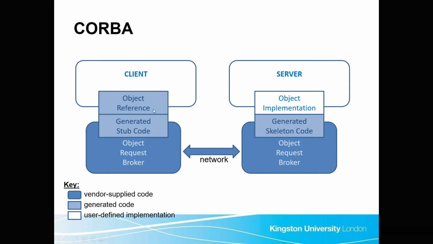Object reference is just a model of an object that looks like any other software object, but calling any function in this object reference will activate the stub code, and then will activate the object request broker, and actually the network of object request brokers, because your call from the client will actually be transmitted across the network to another ORB, and through generated skeleton code it will run the object implementation located on the server side.